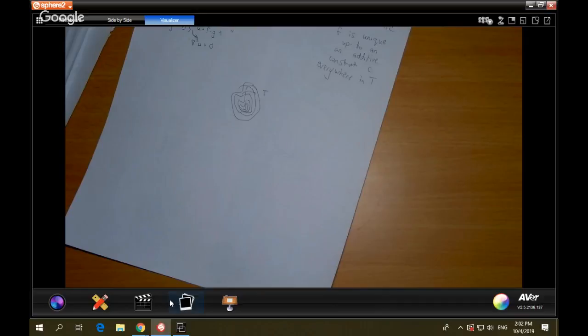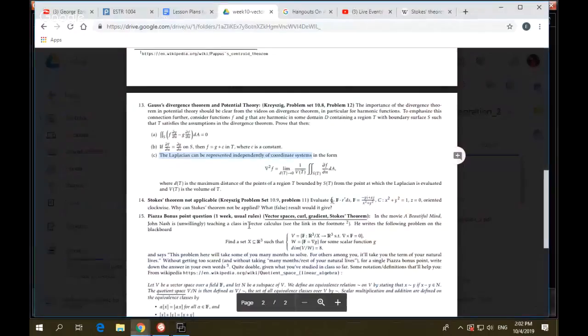So as dT, as the radius of that enclosing ball, gets smaller and smaller, you want to evaluate some integral. So now we're going to take the limit of this radius of the ball going to 0 times 1 over the volume of this small region T. So this volume is also going to go to 0, but then the integral that you're evaluating, del f by del n dA, that is also going to go to 0, right?